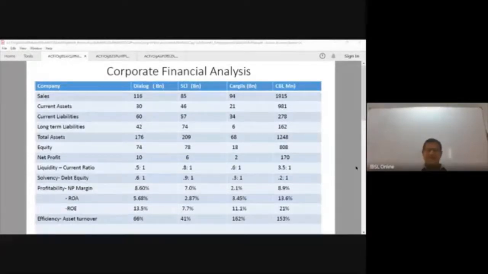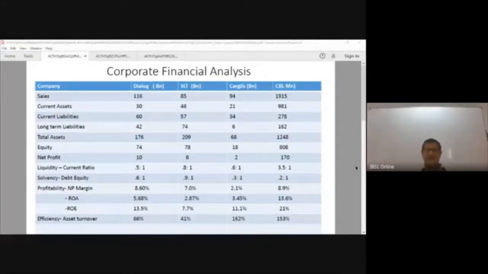Current liabilities are also needed for various ratio calculations, especially to calculate liquidity. Therefore, I took that figure also. Current liabilities: Dialog 60 billion, SLT 57 billion, Cargill's 34 billion, and 278 million for CBL.